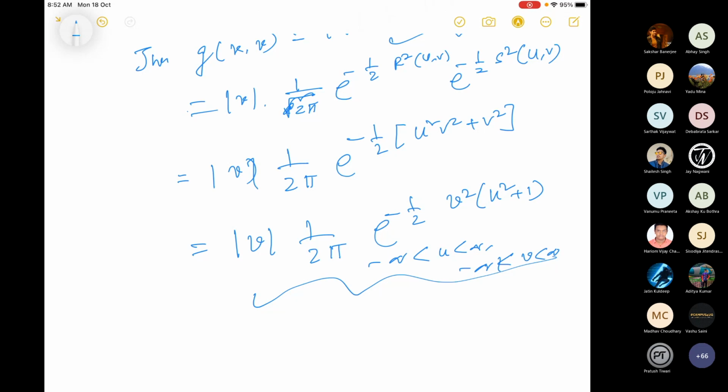Like the way we have studied Bernoulli, that was a single random variable. Now, what is the joint PDF if I have two Bernoulli random variables? We have studied the PDF of, let's say, Poisson random variable. But if I have a pair of Poisson random variables, then what is the joint PDF? Or suppose we have two normal random variables, then what is their joint PDF? The specific distributions we have not studied yet.